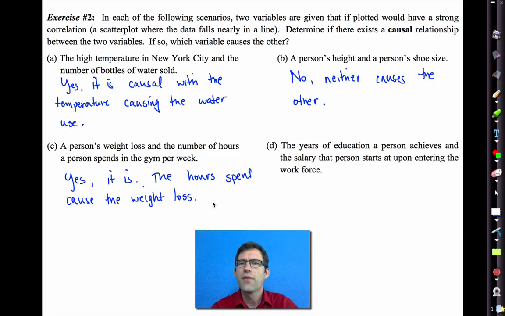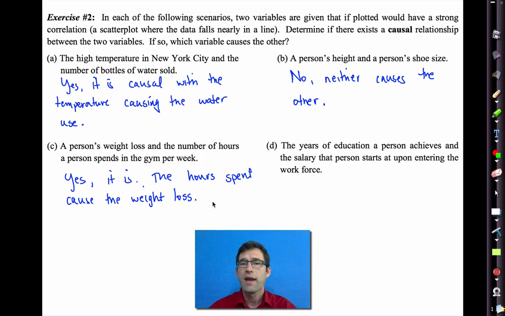And letter D. The years of education a person achieves and the salary that person starts at upon entering the workforce. This is a huge correlation. This is why teachers oftentimes tell you, you got to graduate from high school, you got to go to college, etc., etc. You know, my parents always encouraged me, don't just stop at college, go on, get a master's degree, get a doctorate, a PhD, get a law degree, whatever.